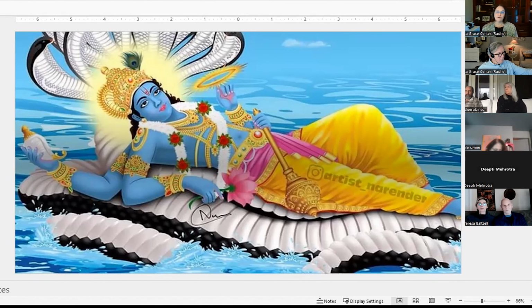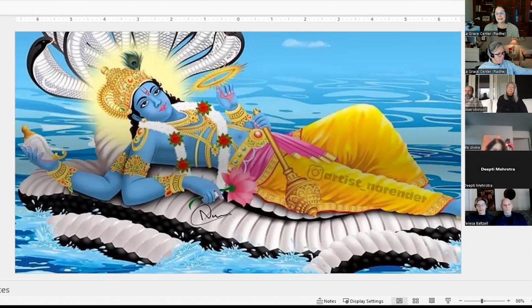So it's also to demonstrate the use of symbols in many of these creation images or creation descriptions that we find. And although we won't do it at this time, we could spend quite a bit of time analyzing the rest of this picture of Vishnu and what each of the items in his hands represents relative to creation.